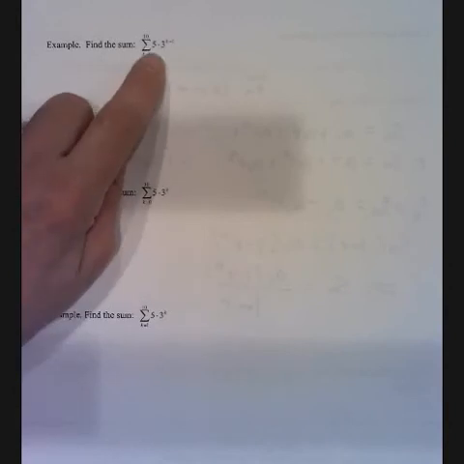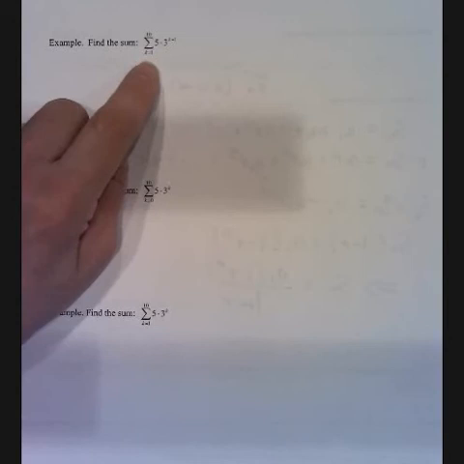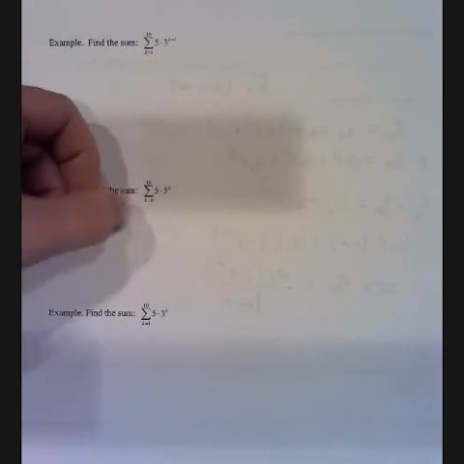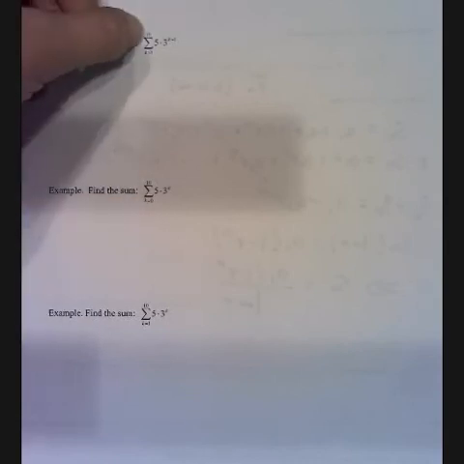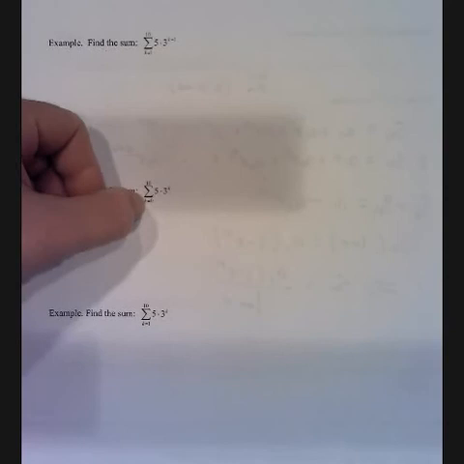But the thing that can get a little tricky with the indexes is that the first term of the sequence isn't necessarily the 5. It depends on how this is indexed. Likewise, there's not necessarily 10 terms in the sum because you have to look at where k starts. This first one does have 10 terms because k goes from 1 to 10.